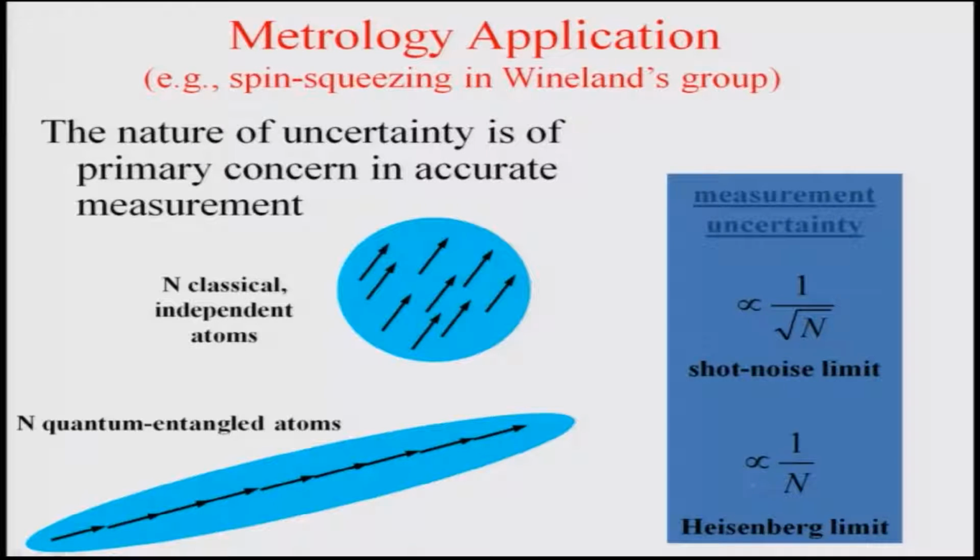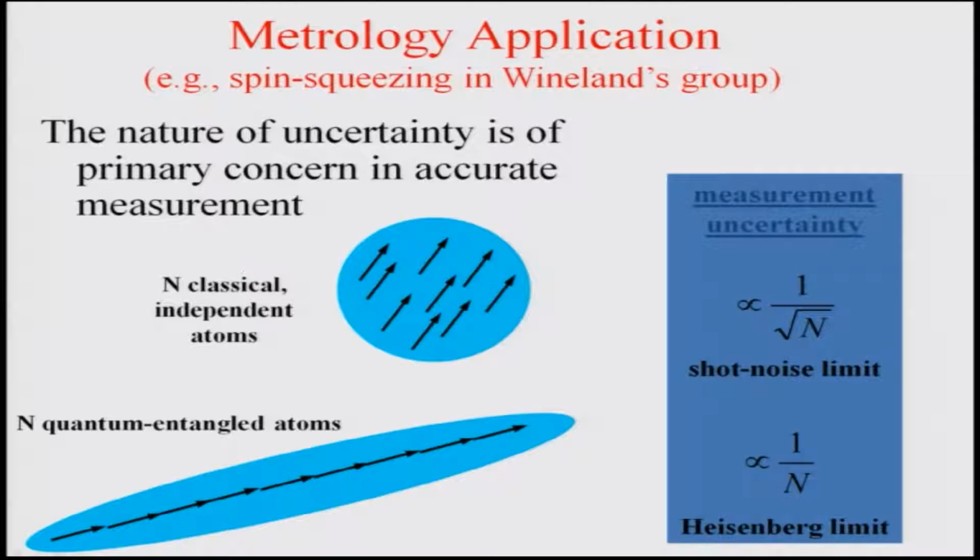Wineland at NIST, who also got the Nobel Prize for cold atom discovery, has shown metrology applications of cold atom based ion trap quantum computing. He was able to show this because of the usage of entangled atoms, which gave the benefit of producing a large array of states together simultaneously, and the nature of uncertainty is of prime concern in accurate measurements typically.